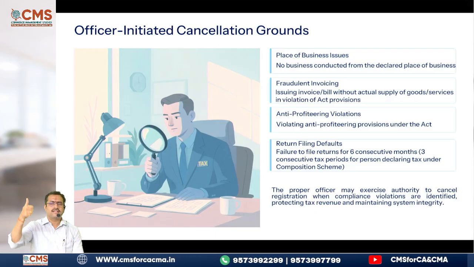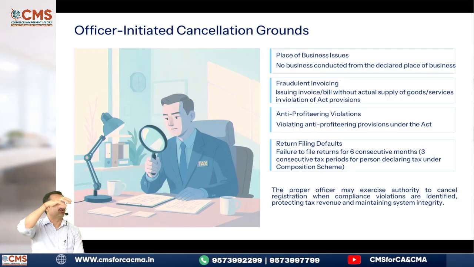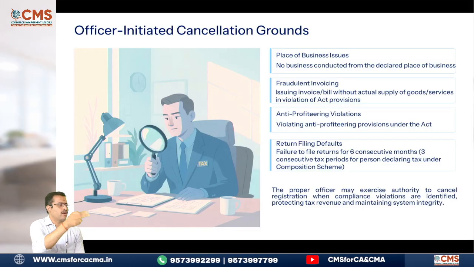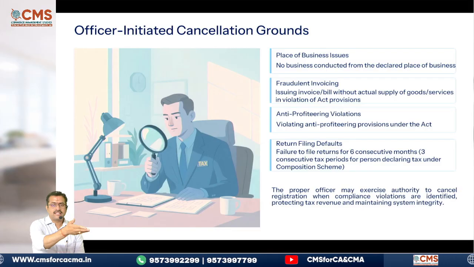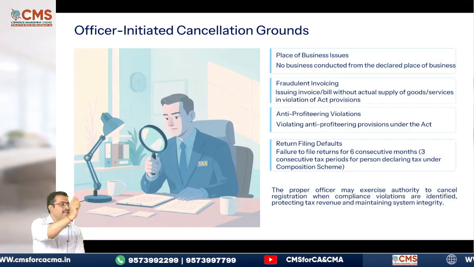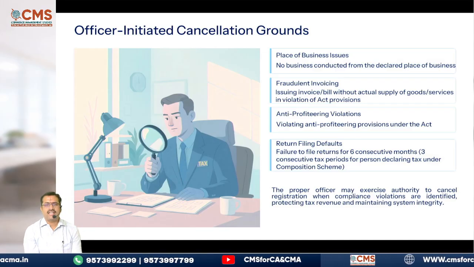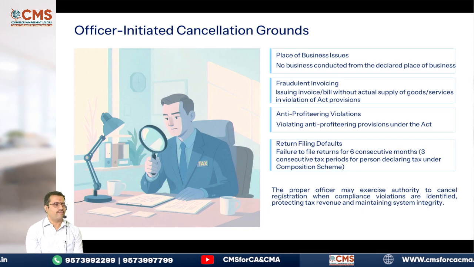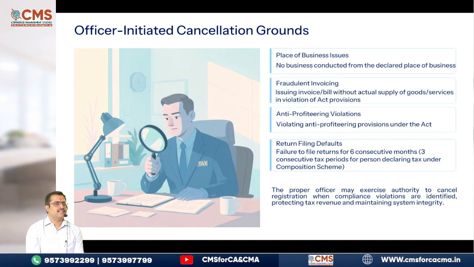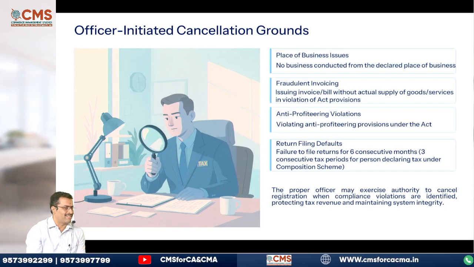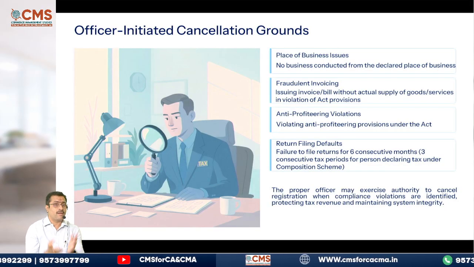Please see. Place of business issues. That means no business is being carried on from the place. Second, fraudulent invoicing. Fake invoicing here. Yesterday I was telling you, many people raise invoices without movement of goods. Third, anti-profiteering violation. What do you mean by anti-profiteering? Any idea? Charging GST on MRP. That is called anti-profiteering violation. You should not do that because MRP is inclusive of taxes.